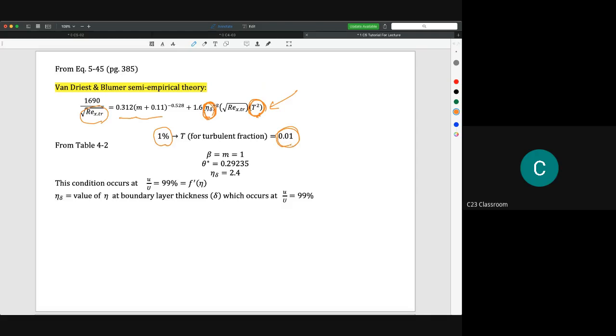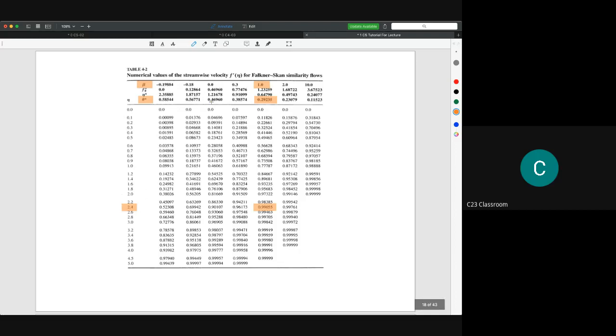The eta delta here we can get from the table. For example, we are talking about theta here, and this is the value of delta star. If you take here, this is an eta, the value of eta which gives us 99%, and it is equal to 2.4.